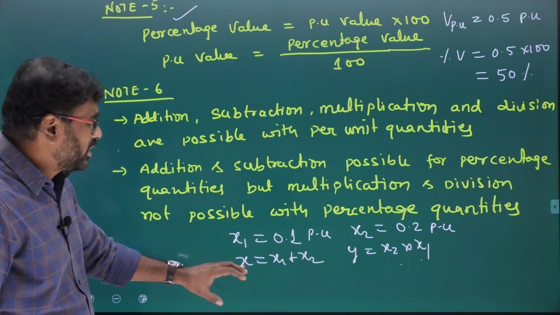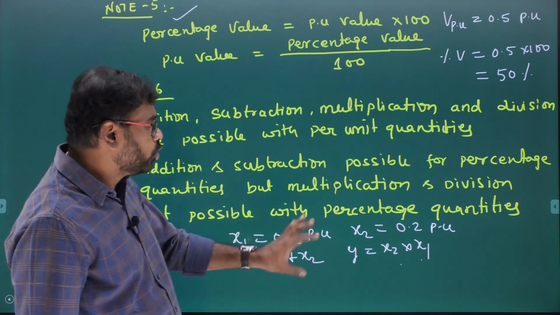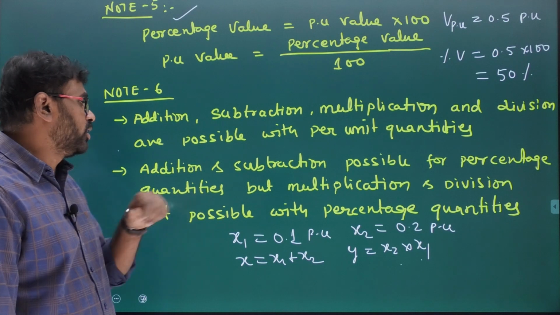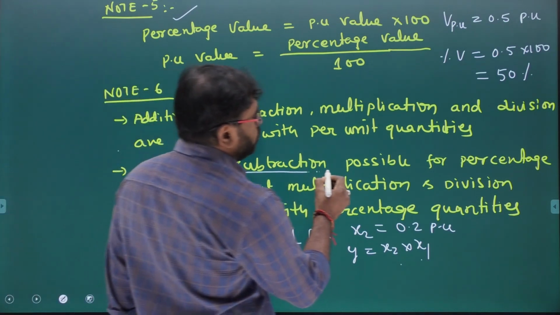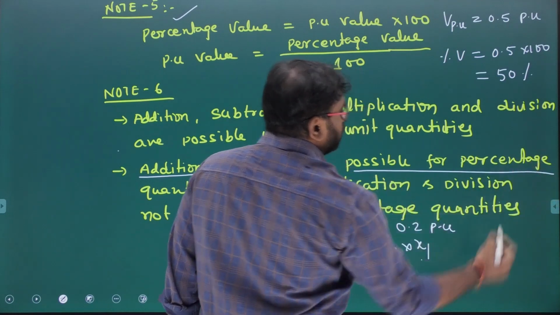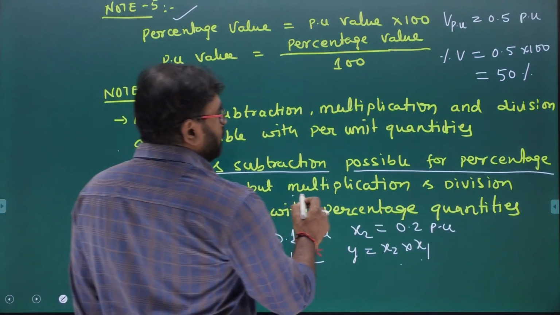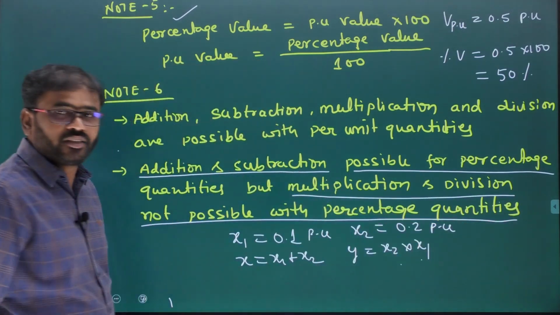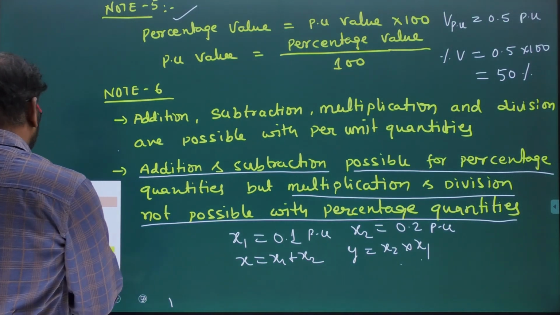That means multiplication, division, addition and subtraction you can directly do on per unit numbers, but you cannot do them on what? Percentage numbers. Strictly speaking, addition and subtraction are possible for percentage numbers, but multiplication and division are not possible with percentage quantities. This is what you need to notice. So for understanding this, I am just considering an example.